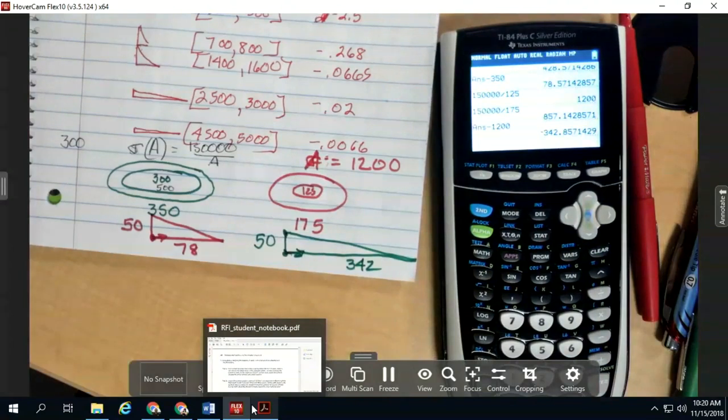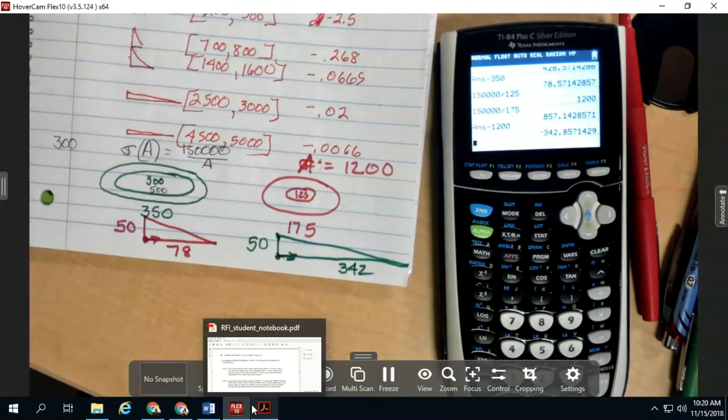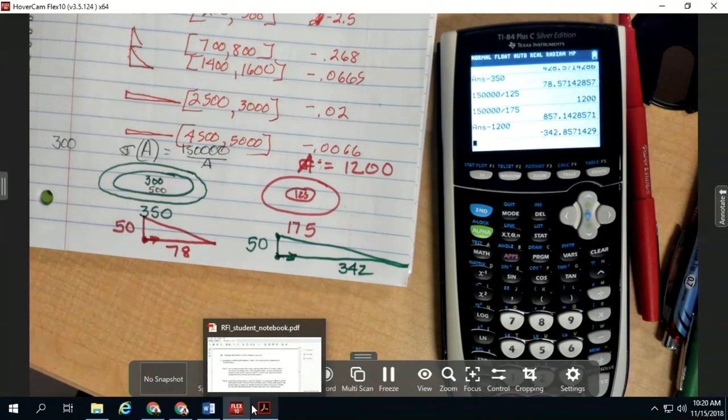So you can see that this beam that was under 300 pounds of stress only needed about 78 more square inches to take on another 50 pounds. Whereas the other one, the stress was much, much lower, meaning the area was much, much bigger. And so to reduce that stress by 50 pounds took another 342 inches of area.